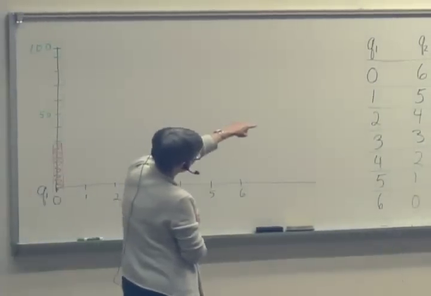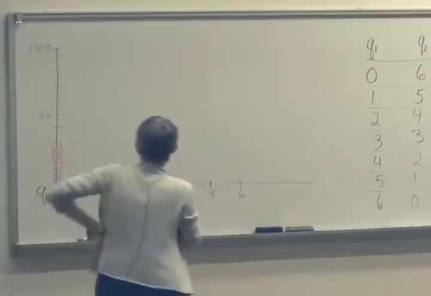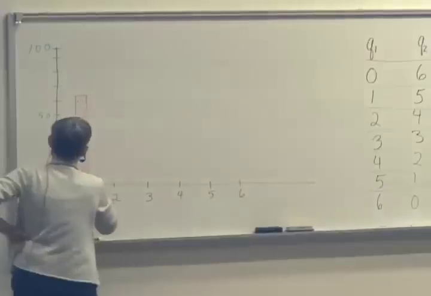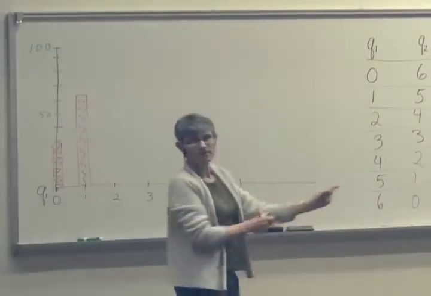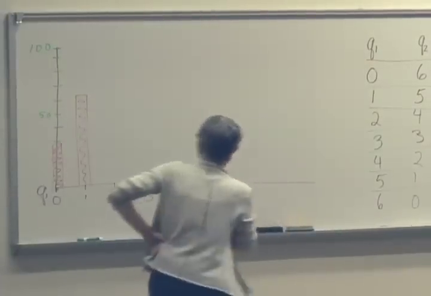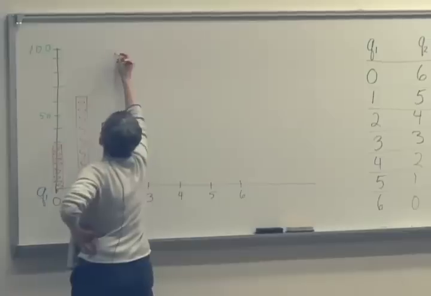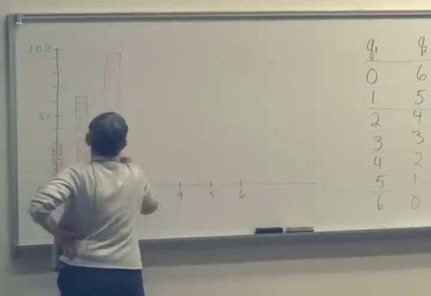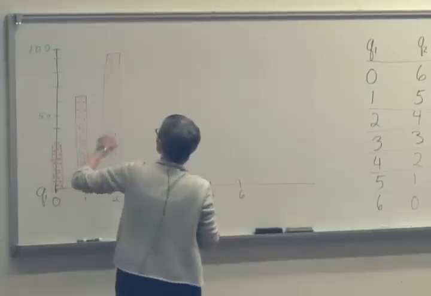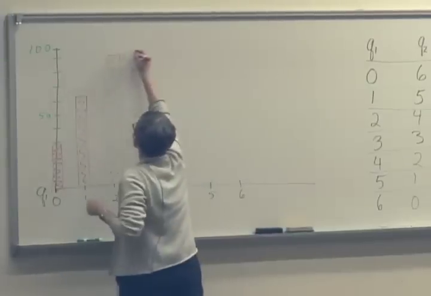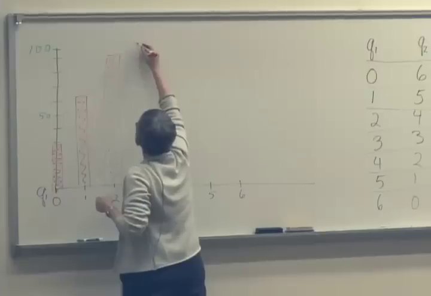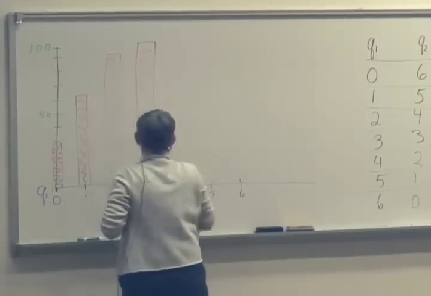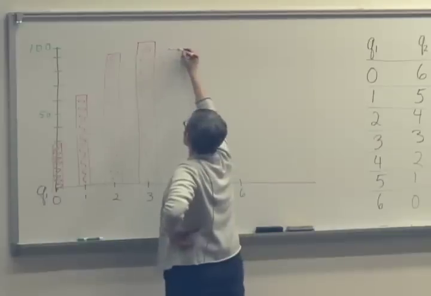And for 1 in atom 1, we get 63. And for 2 in atom 1, we got 90. And 3 and 3 was 100. That looks a little high. And then it went back down.